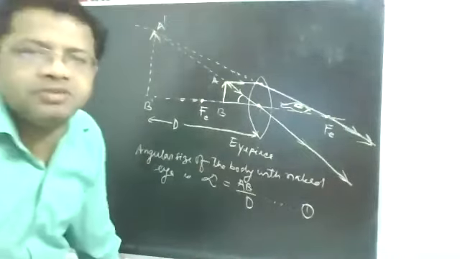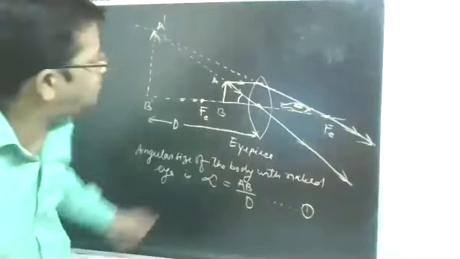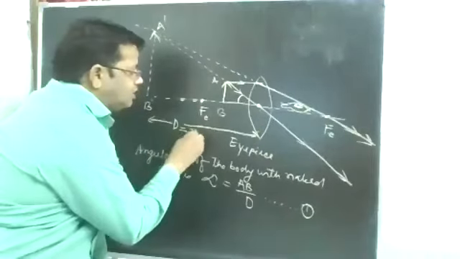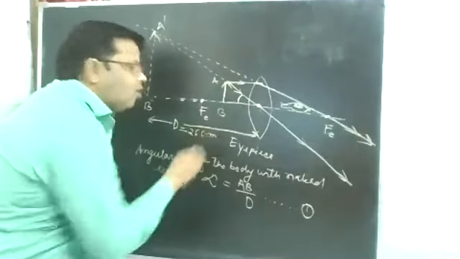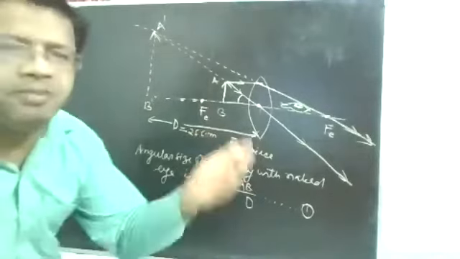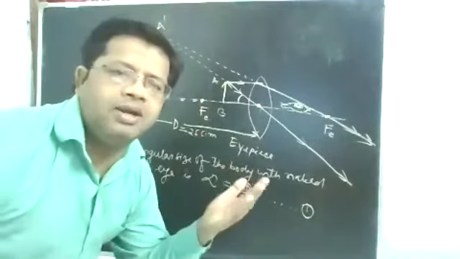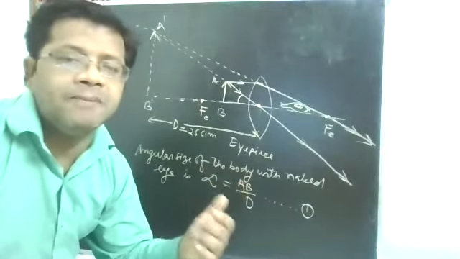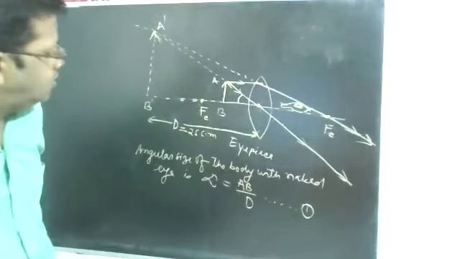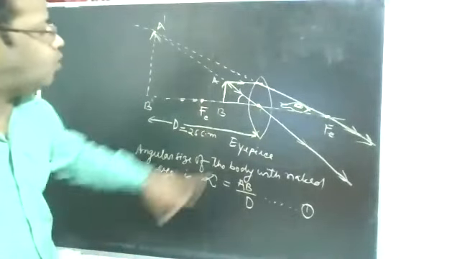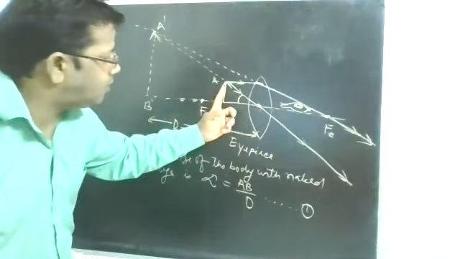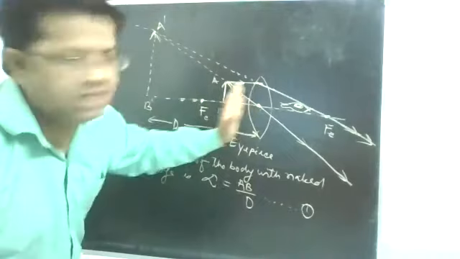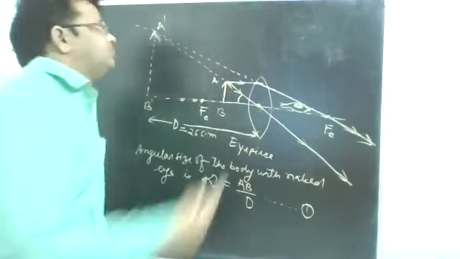During fine adjustment, we are observing the image of the object at D, that is the least distance of distinct vision. And you know, when we observe any body at 25 centimeter, we can observe that body very minutely, very clearly, with more accuracy. So when the image of this body is observed at 25 centimeter, this type of adjustment is called fine adjustment.